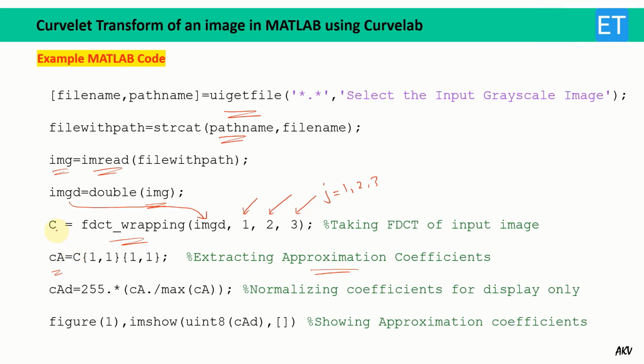From this C, this is how you can access the cell array to extract that center square value, if you remember. Since values are very high in that approximation coefficient, I am just normalizing the values for display purposes only, and then we are showing the curvelet approximation coefficients.